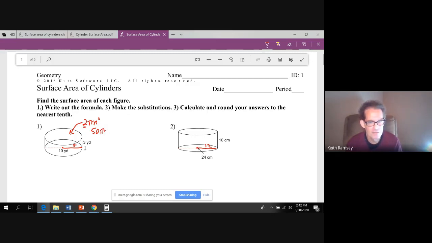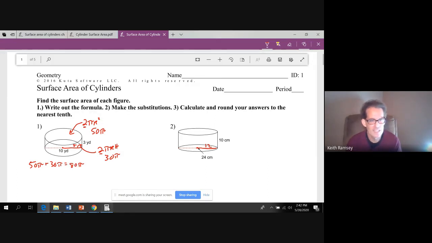Now my lateral surface, the formula for that is 2 times pi times the radius times the height. So if my radius is 5, 5 times 3 is 15, times 2 is 30 pi. The last step is just to add the area of the top and bottom with the lateral surface. So that would be 50 pi plus 30 pi equals 80 pi.